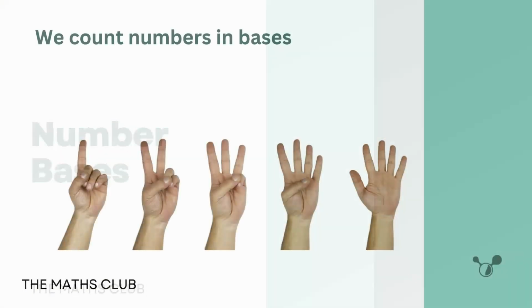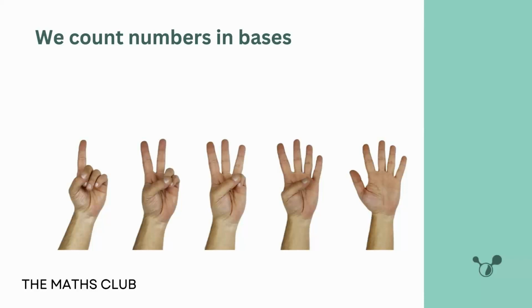Number bases. When you hear number bases, you want to know what exactly we are saying. So, look at the fingers. When you count number 1, number 2, number 3, number 4, number 5, you're counting numbers. Just like when you go to the market to buy oranges.